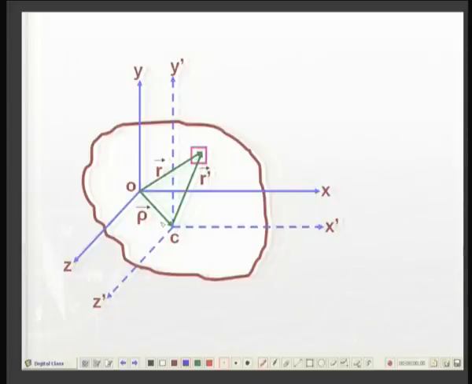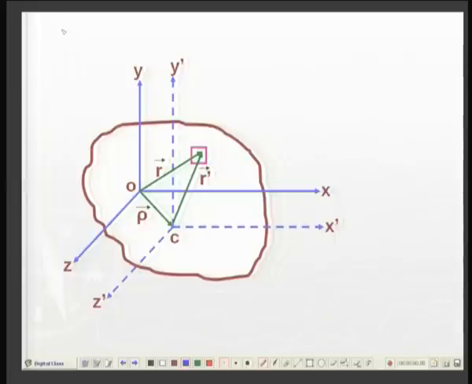So, when you have the moments of inertia given in the C x dash, y dash, z dash coordinate system, and you want to find the moment of inertia in the second coordinate system, that is origin at O and x, y, z coordinate system, then what is the correspondence between, let us say, Ixx and Ixx dash and other quantities?